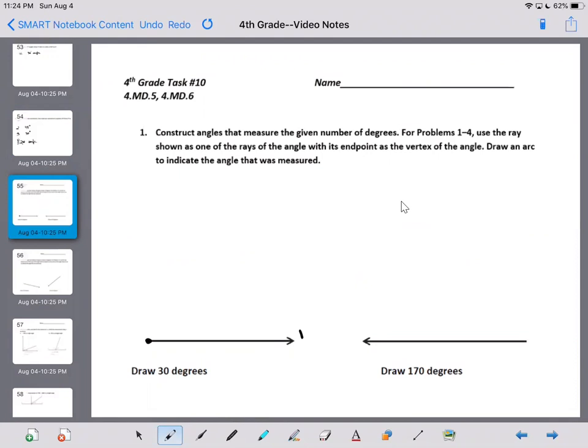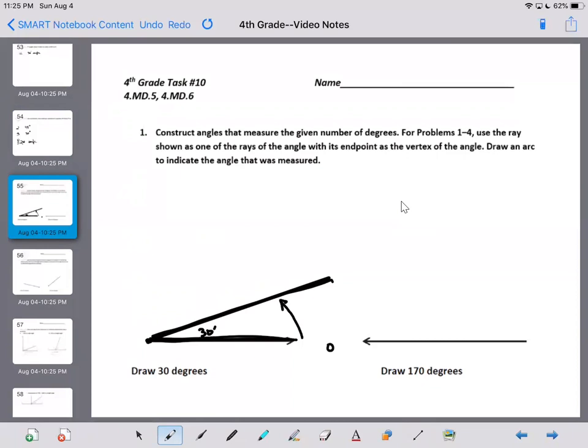One way to do is to measure this way, so you can create that 30-degree angle. We'll talk about this in later grades as well, but that's your initial side, and here's your terminal side. So that terminal side is just moving from 0 here, kind of right to left, that's creating that angle measure. So that would be 30.